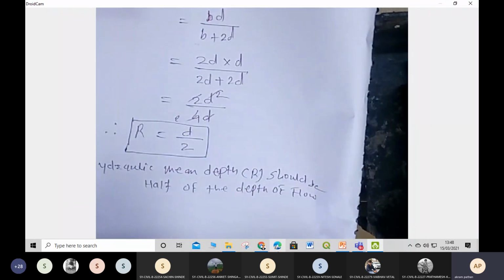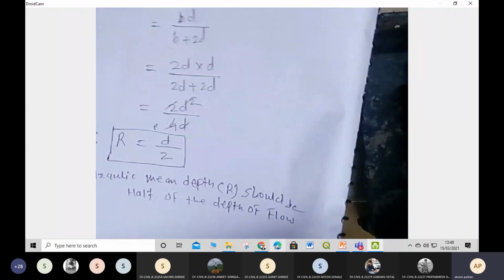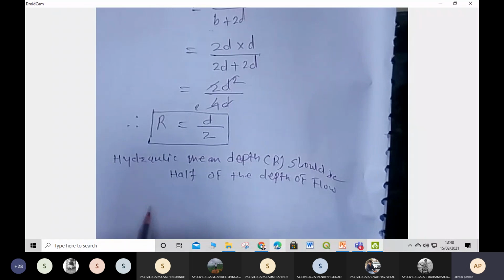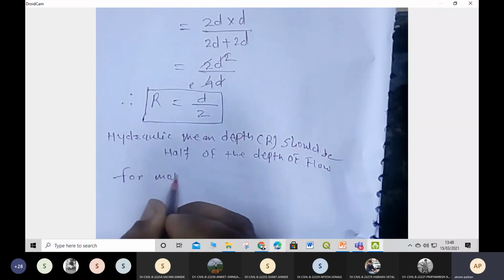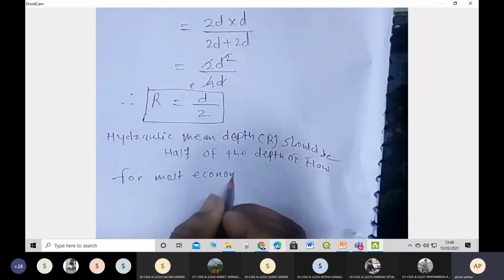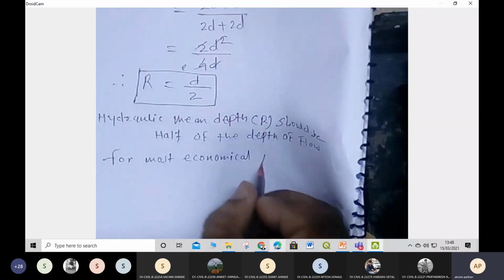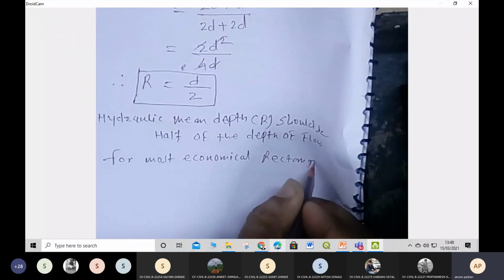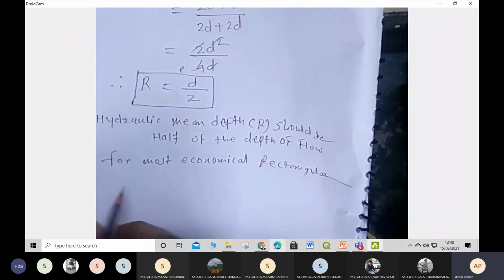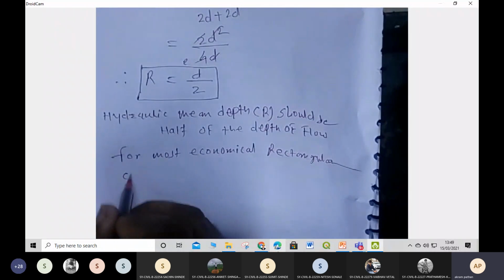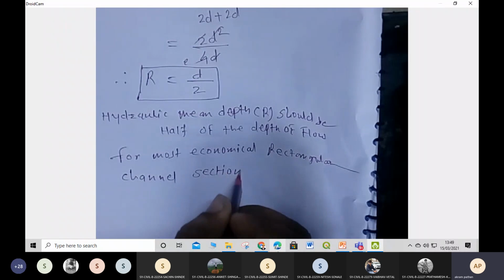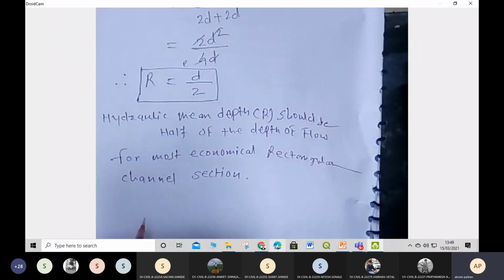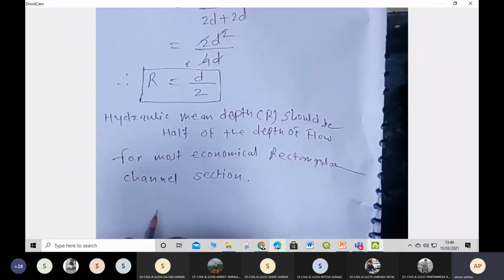For the most economical rectangular channel section, we got two things.